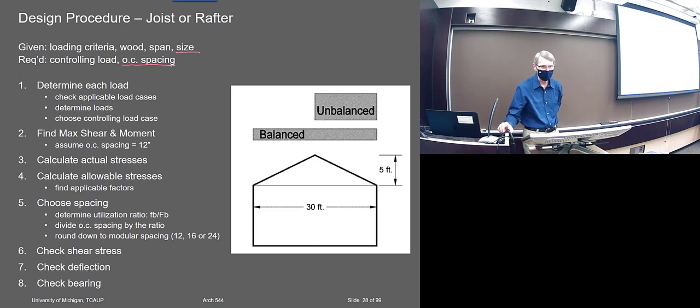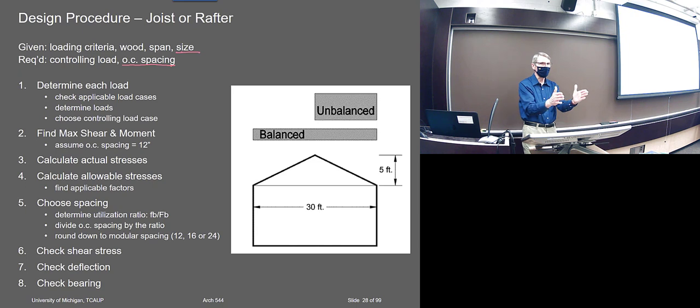So this is pretty common for rafter design, joist design. You can easily pick the size of the member, and then you tune the strength by what their on-center spacing is. If the load's pretty low, maybe you make them 24 inches on center. If the load's pretty high, maybe they have to come down to 12 inches on center.